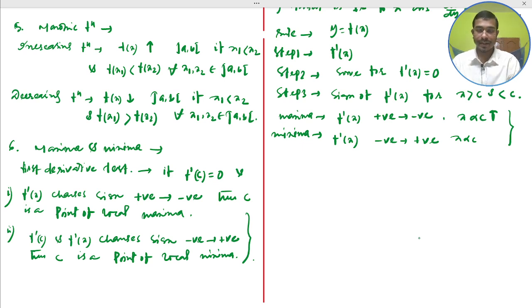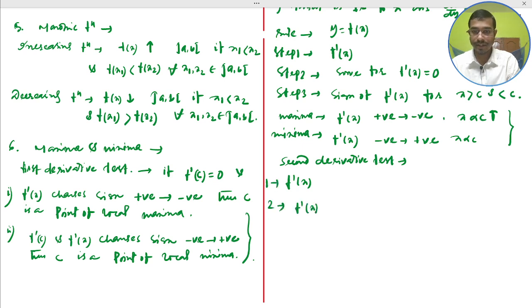Next, the second derivative test. I will summarize it in a mathematical formula. The working rule for the second derivative test: first, find f dash x. Second, f dash x should be 0.